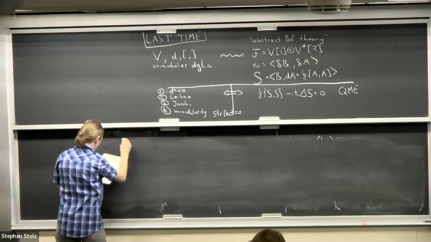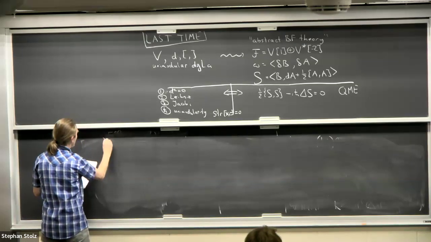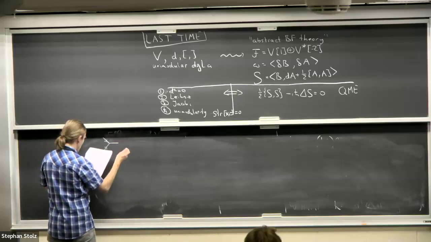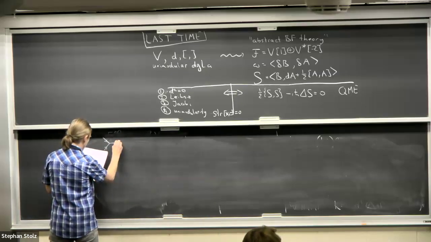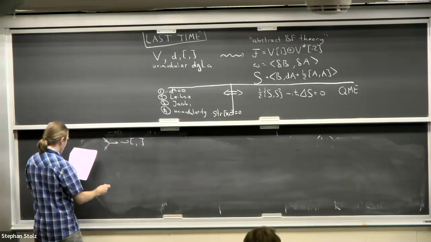Maybe let me write again what are called the Feynman rules, the rules for associating expressions to those pictures. An internal vertex is decorated by the commutator.